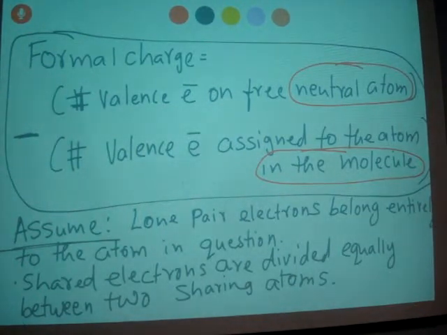Now we are going to work on an example, and I will show you the steps and work through them in parallel with the example.